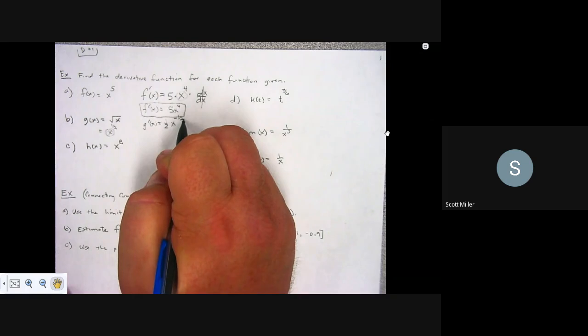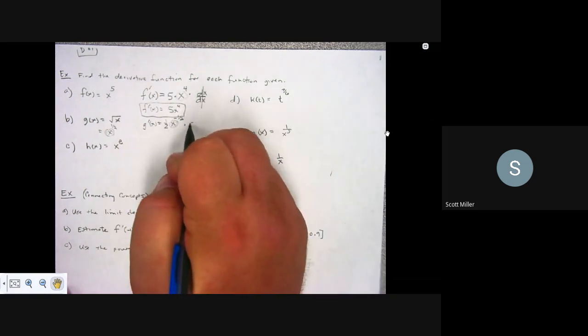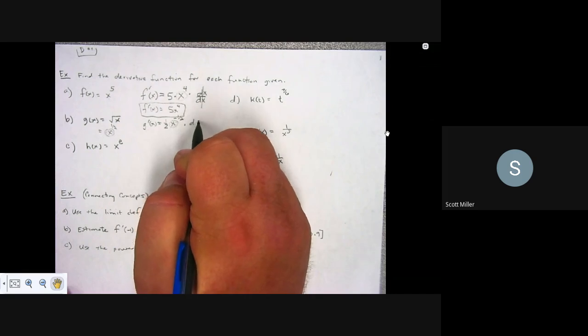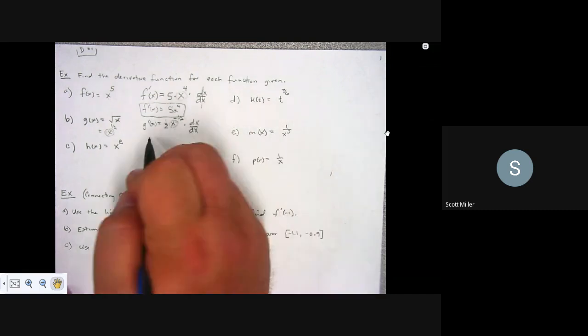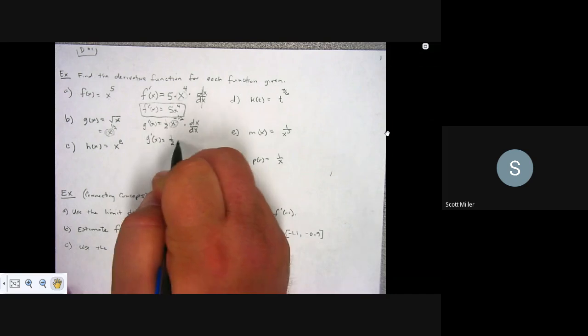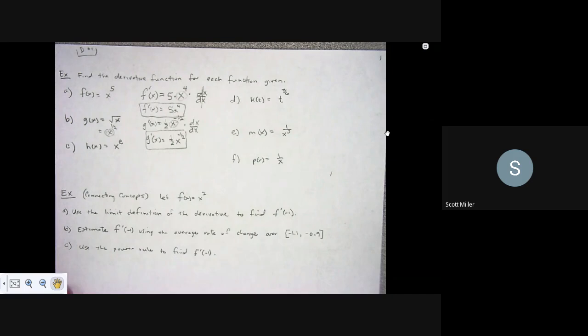So 1/2 minus 1 is a negative 1/2. And then whatever that is, take the derivative of it with respect to x. This here I can clearly see is going to be a 1. So my g prime is going to be 1/2 x to the negative 1/2. And for now, we can leave it just like that. And we can continue on.